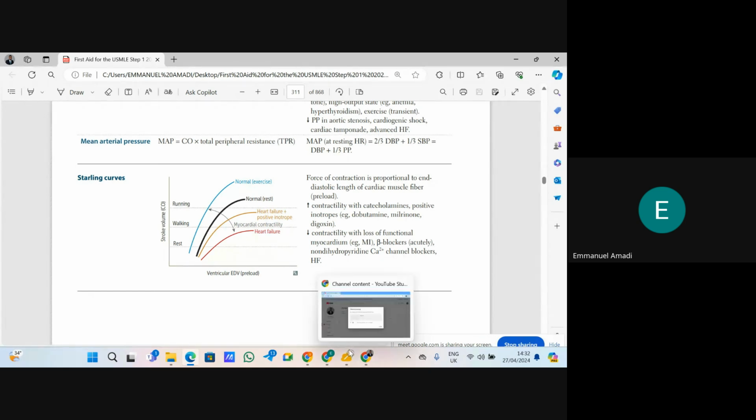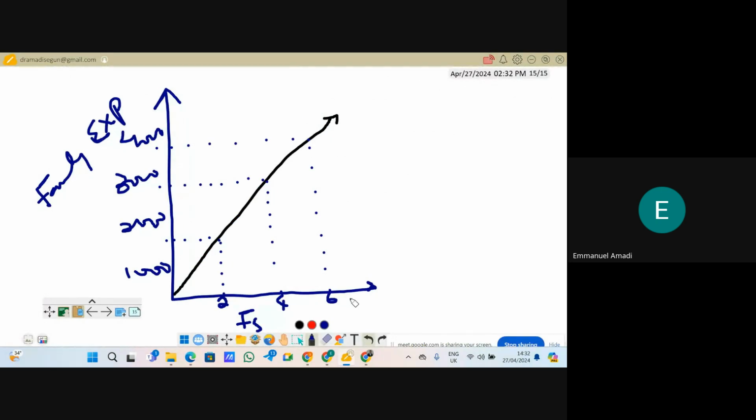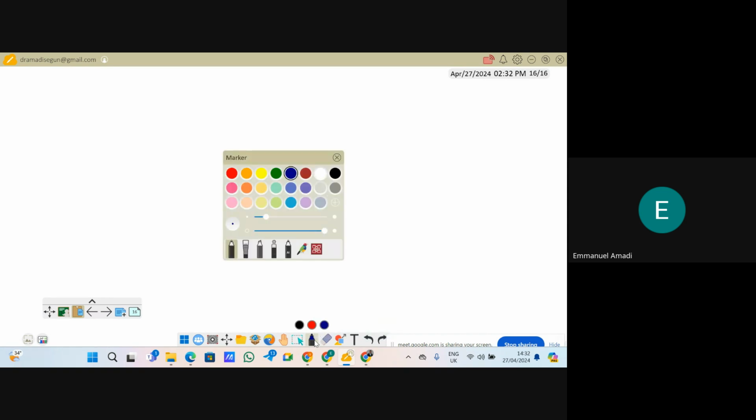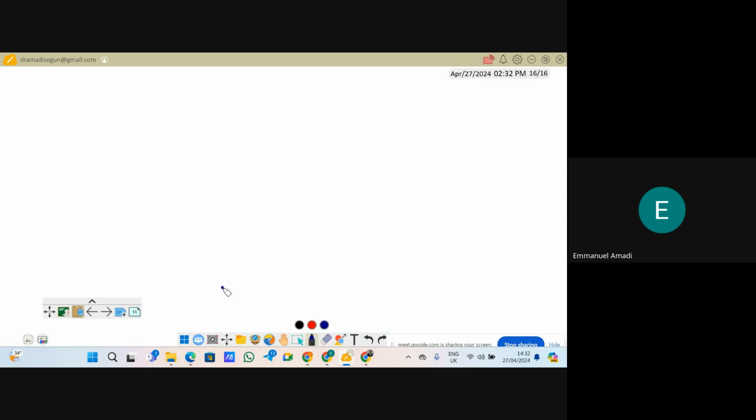Now, let us go to the whiteboard and look at the parameters they have in that Starling curve. Let me try to reproduce it and make it easier for everybody to follow. Let's use a blue here. Remember, this is the end diastolic volume, same thing as your preload.